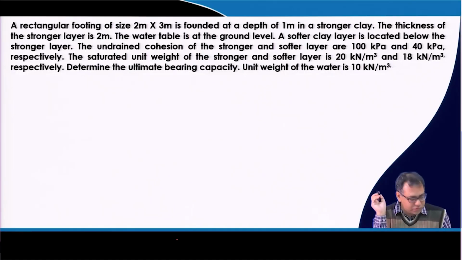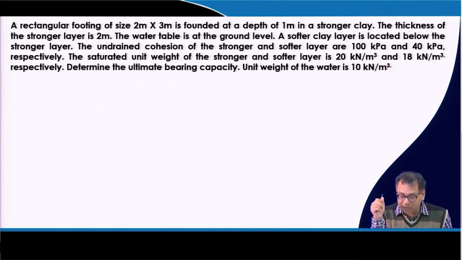A rectangular footing of size 2 cross 2, 2 cross 3 meter is placed at a depth of 1 meter in a stronger clay. The thickness of the stronger clay is 2 meter. The water table is at the ground level. A softer clay layer is located below the stronger layer. The undrained cohesion of the stronger and the softer layer is 100 kPa and 40 kPa respectively.